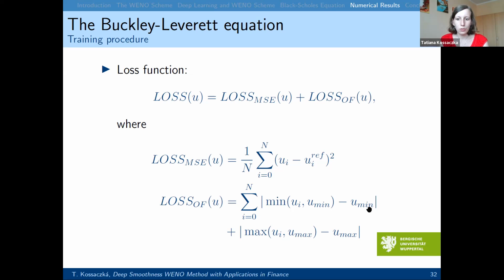So this overflows loss is some value if the value of the solution is above 1 or underneath 0. And this is just mean square error, where here we have some reference solution, which we had to compute before.